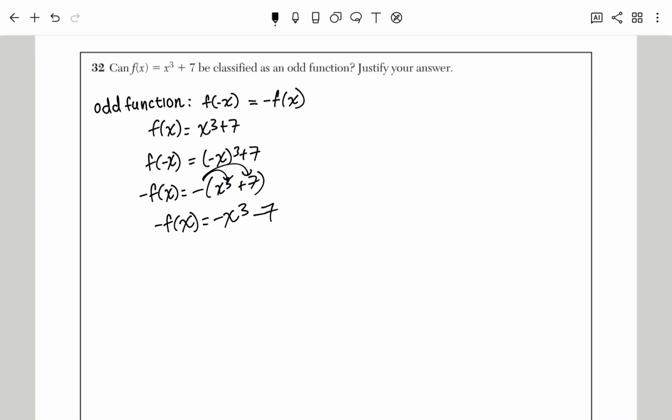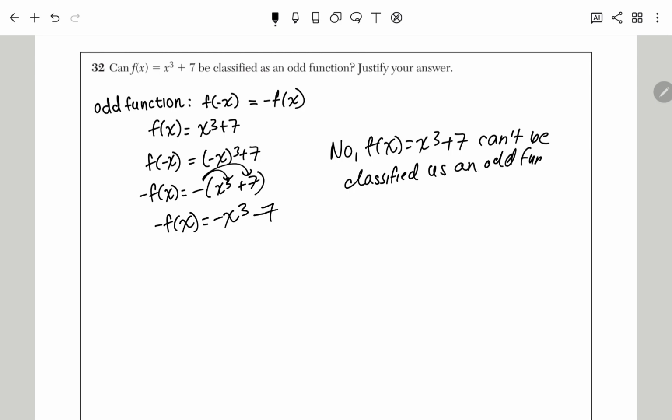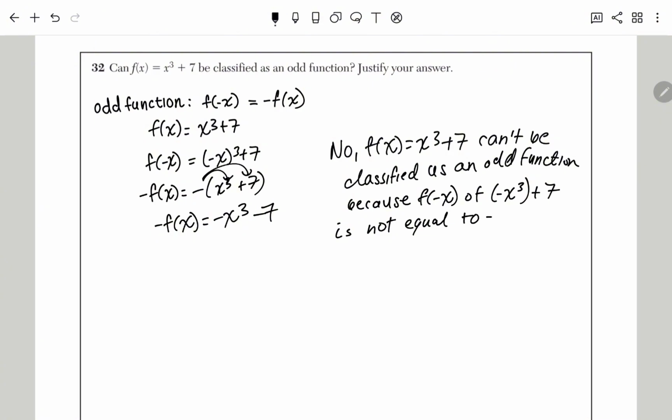So we can say that no, f of x equals x cubed plus 7 cannot be classified as an odd function because f of negative x, negative x cubed plus 7, is not equal to negative f of x, negative x cubed minus 7.